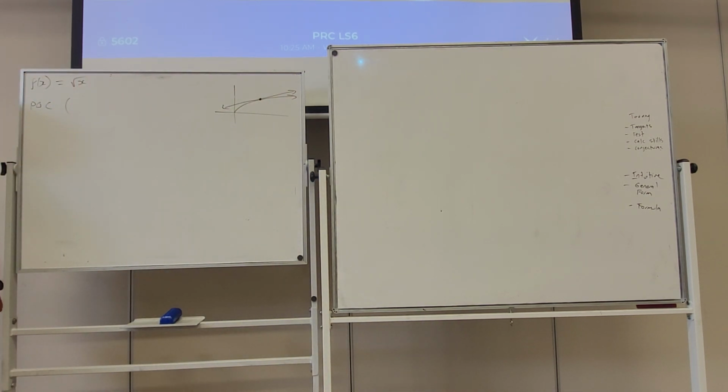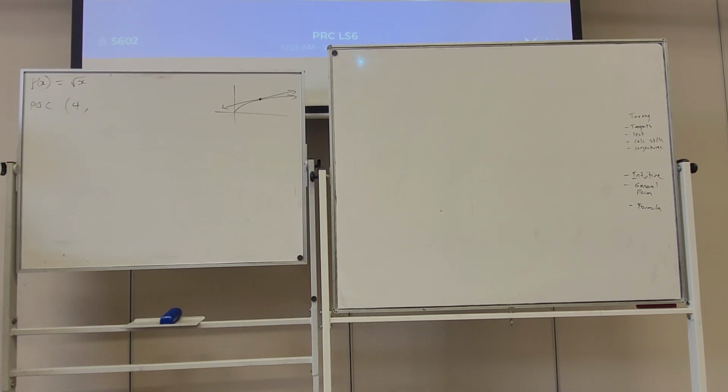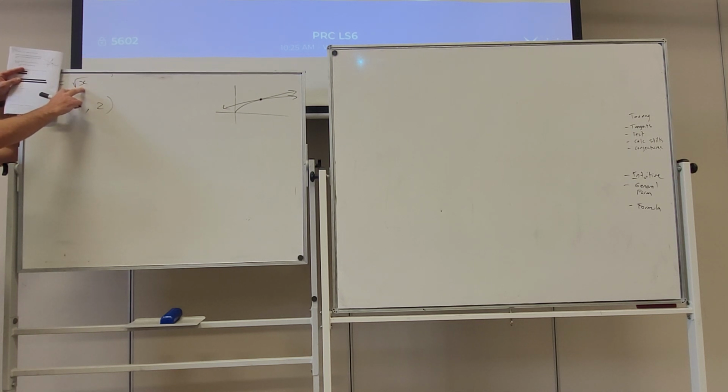Now we're told the x value is 4. In order to find the y value, we're just going to put the x value into the original function. The square root of 4 is 2. When we're given the square root of x function, we only consider the positive circumstance. That's why I'm not putting plus or minus 2.